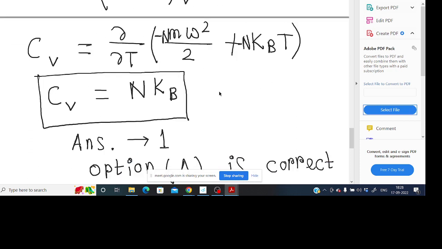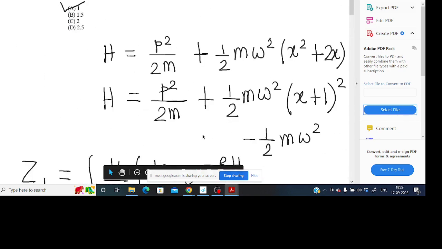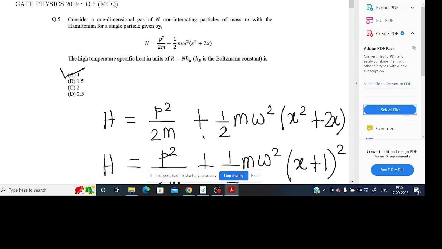In this question we have to write down the answer in terms of N kB. So Cv equal to, say, x into N kB. We need to find out the value of x, so the value of x is 1. Okay, any question?